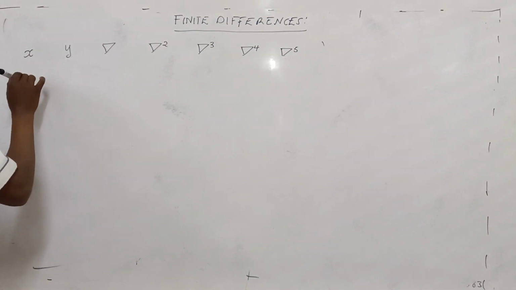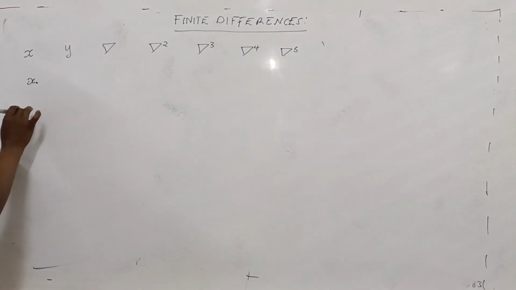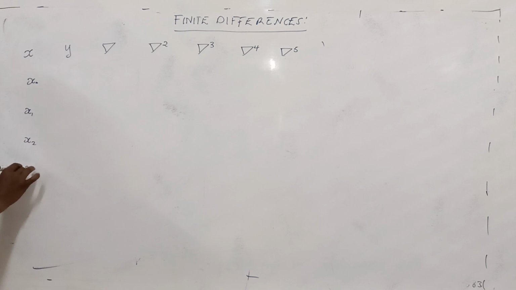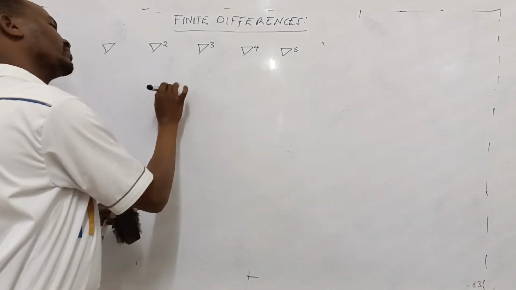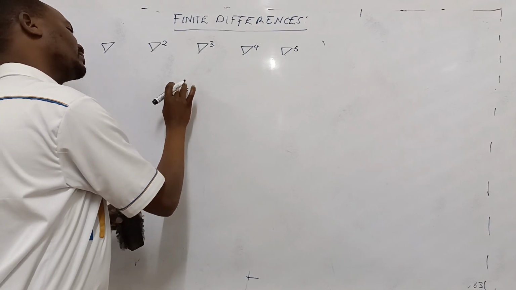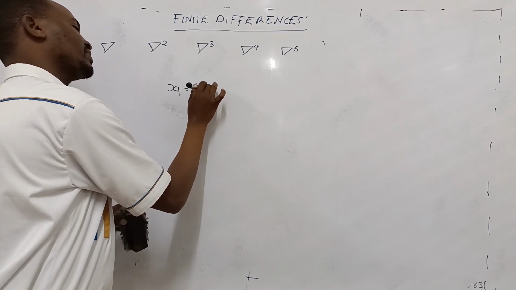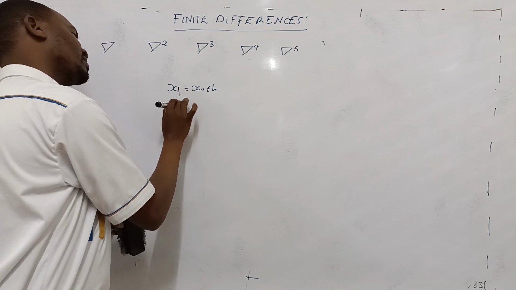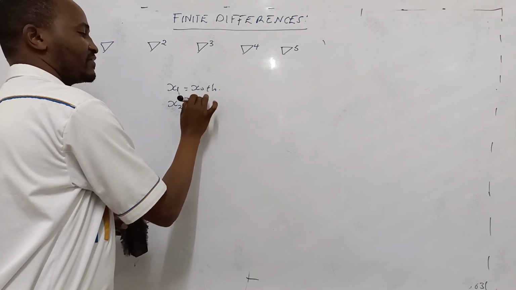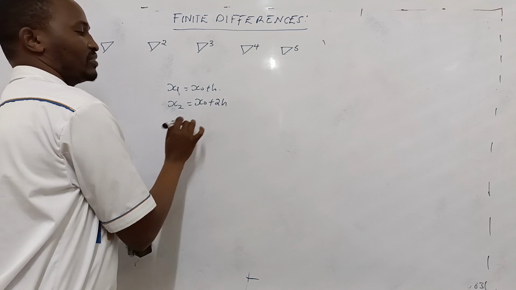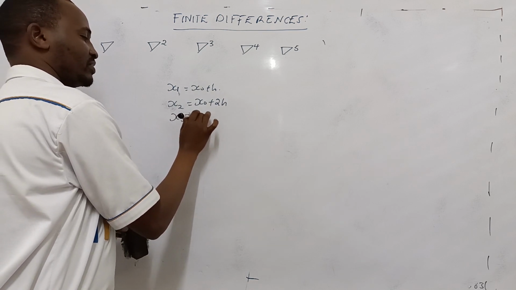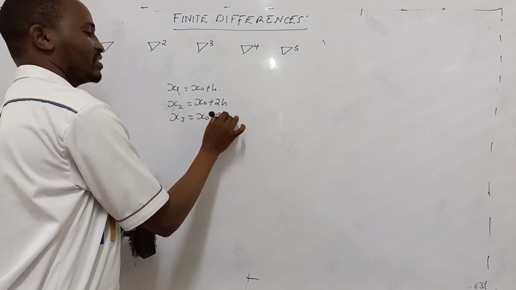And the first value here is x0, x1, x2, x3, x4, and x5. Remember what we said: x1 is the first value plus a certain interval h, x2 is the first value plus 2 intervals, 2h, x3 is equal to the first value x0 plus 3 intervals, 3h.